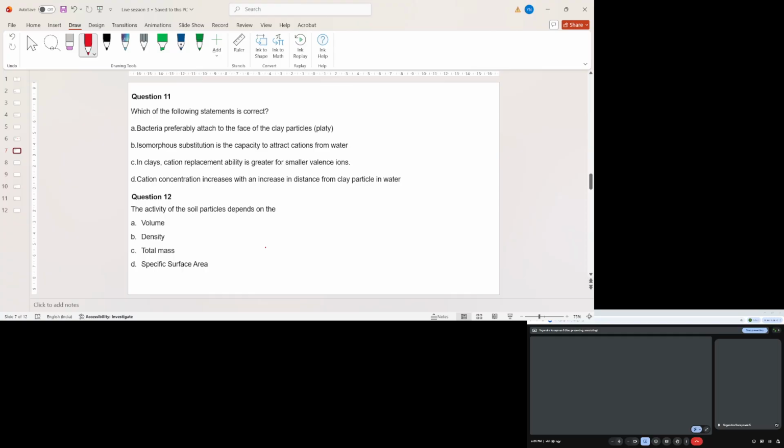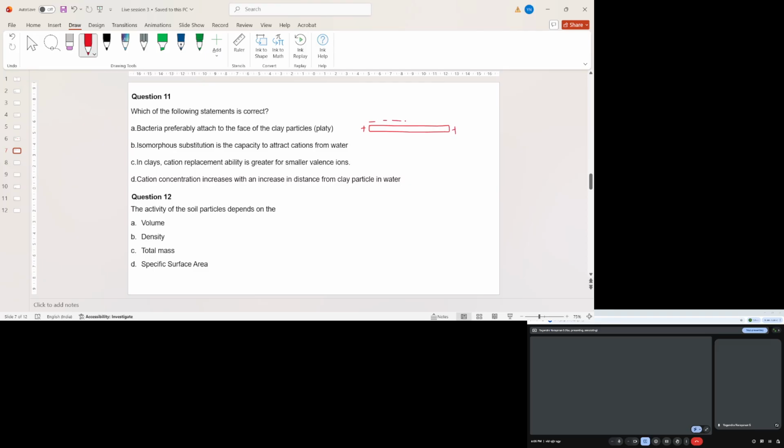So bacteria are essentially negatively charged organisms.